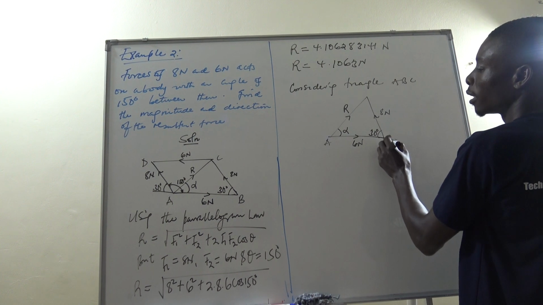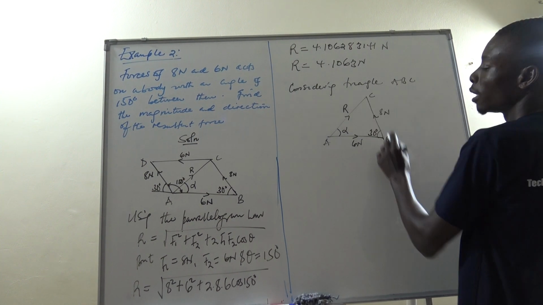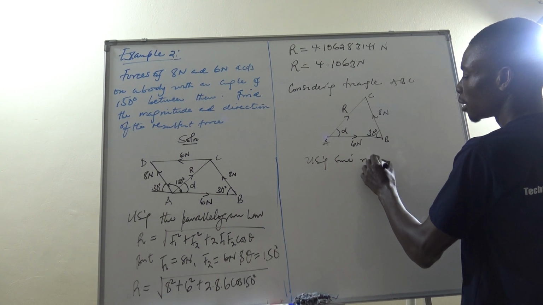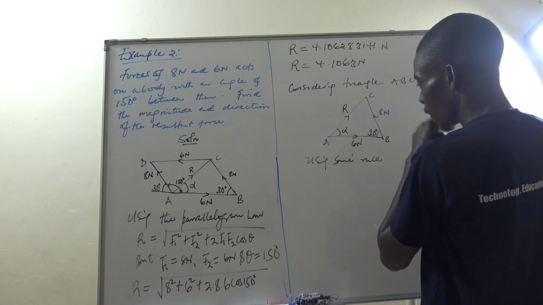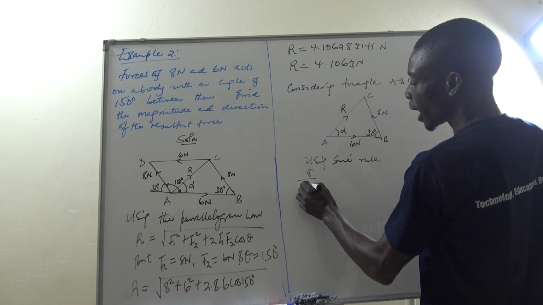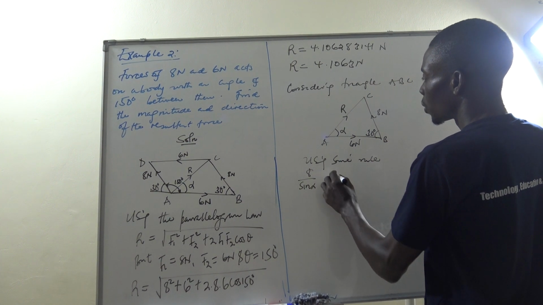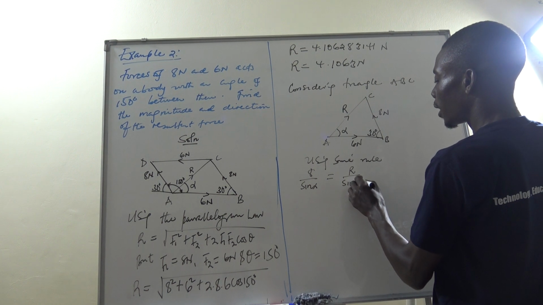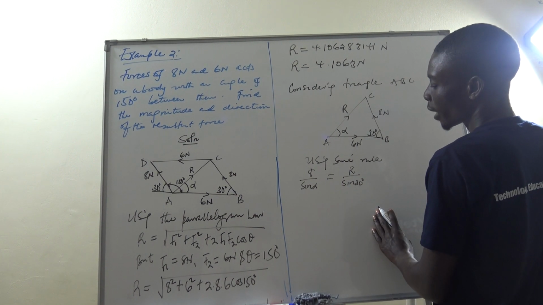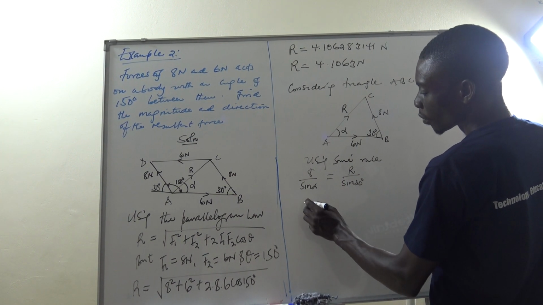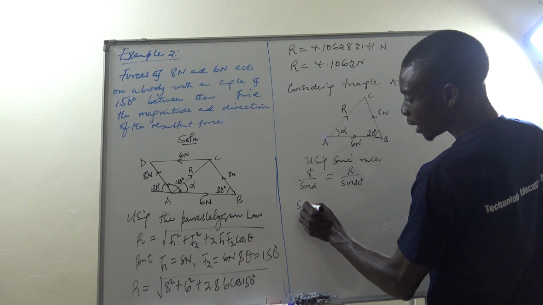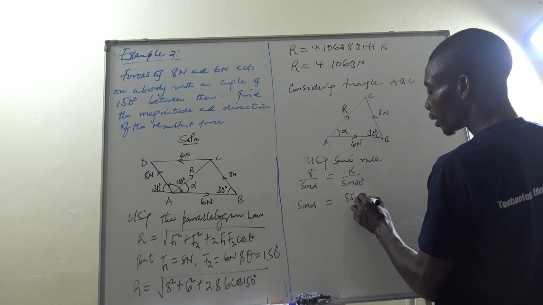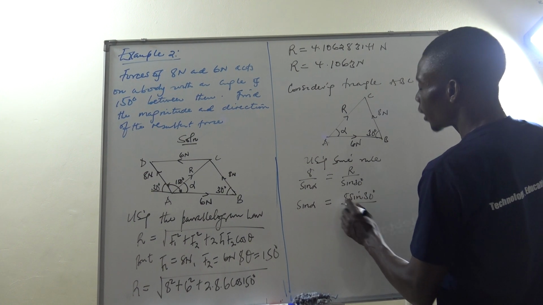This is A, B, C. Using my sine rule, I can say 8 out of sine alpha equals R out of sine 30. Then sine alpha equals 8 sine 30 divided by R.